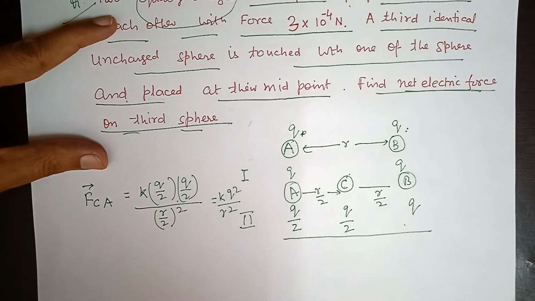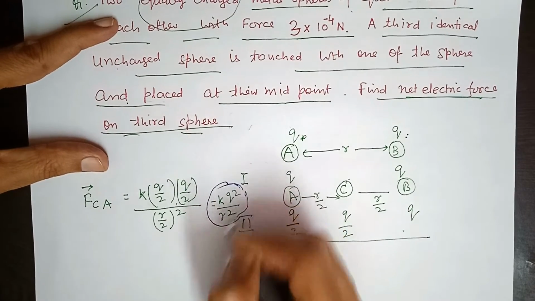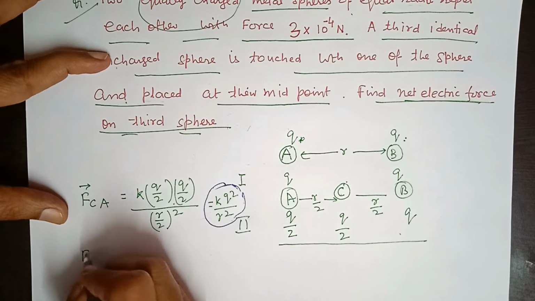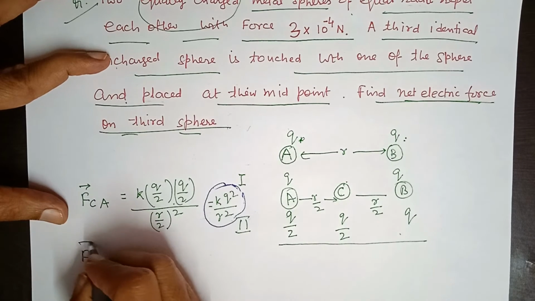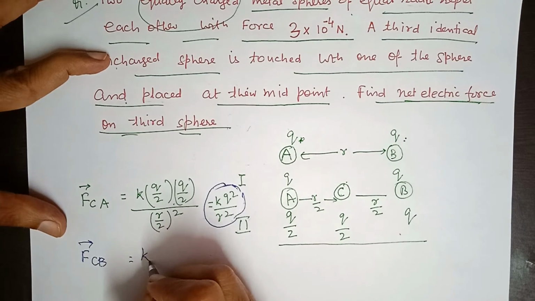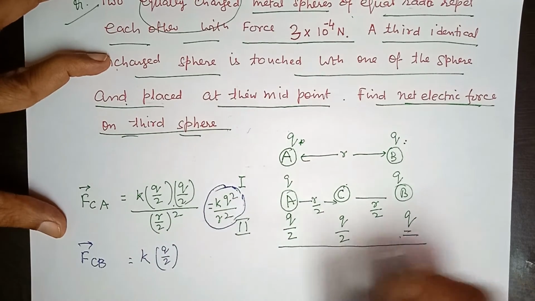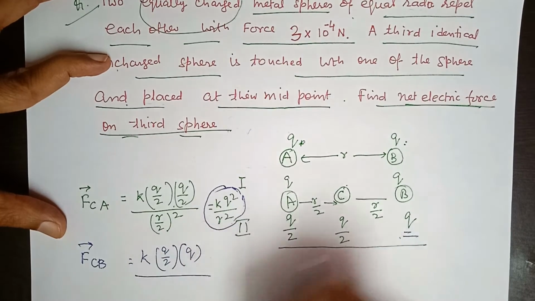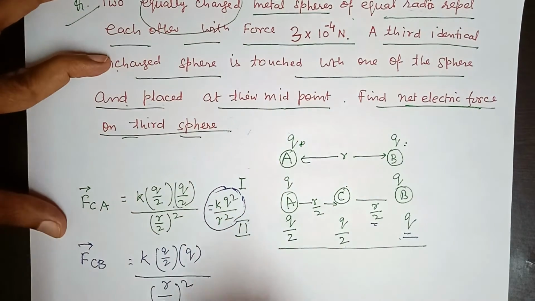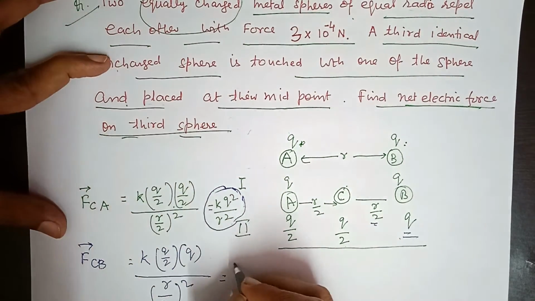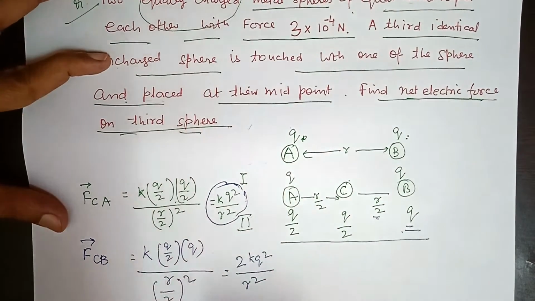Now the force on C due to charge B will be equal to K Q by 2 times Q, the charge on B, and again the distance is R by 2. If we calculate it, we get 2 K Q square by R square, if we simplify it further.